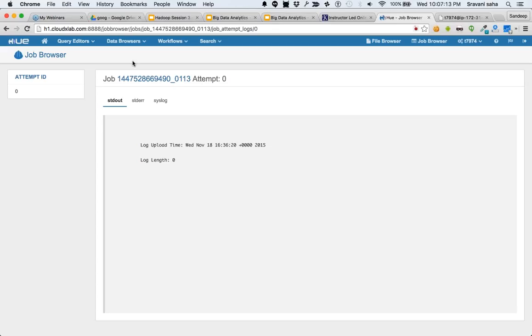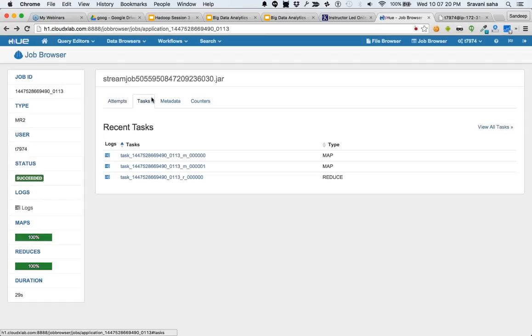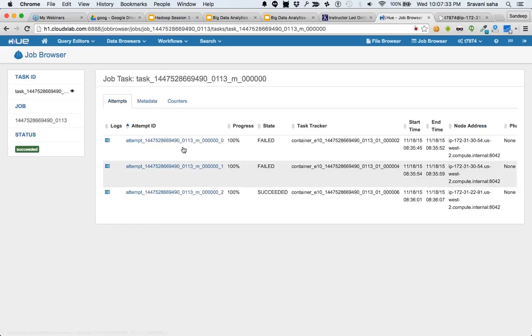This was the attempt of the whole job, and inside this attempt there were three tasks: task 0, task 1. There are two tasks for map and one task for reduce. When you look at this task, you can see that two attempts have failed, the last one has succeeded.